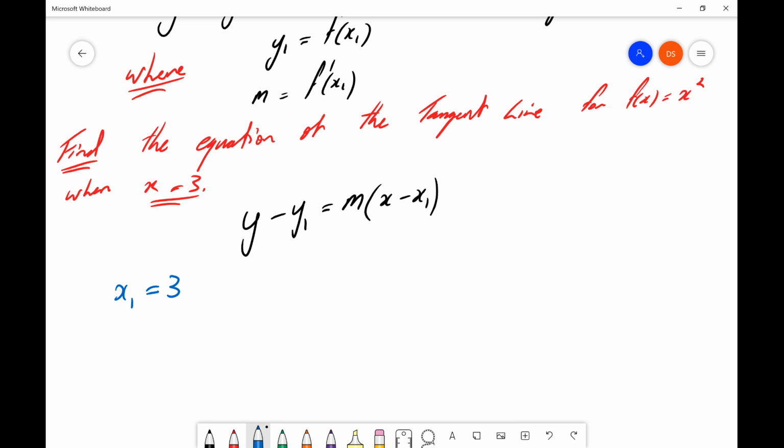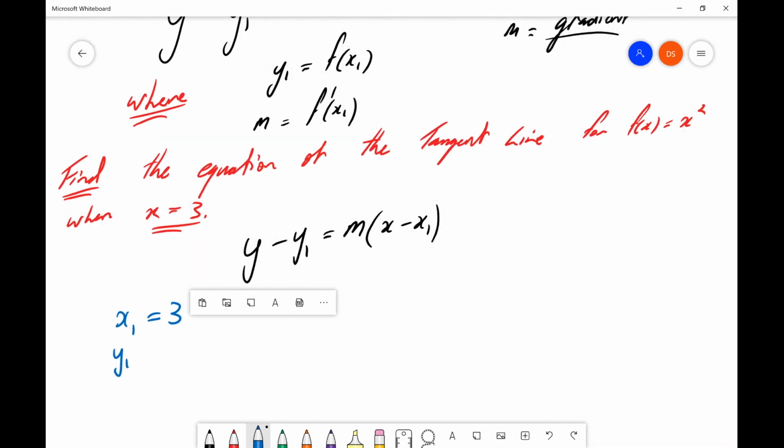No, in this question I haven't given you y1. But we know that y1 from up here is equal to f of 3, because that's f of x1. And so what's f of x1?